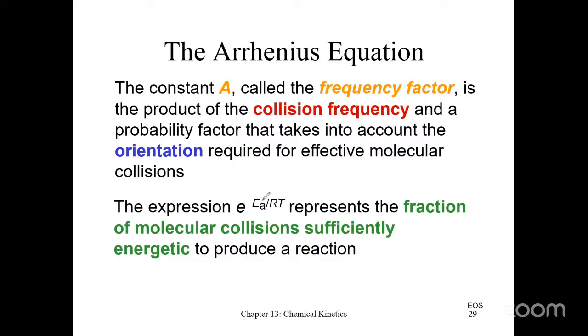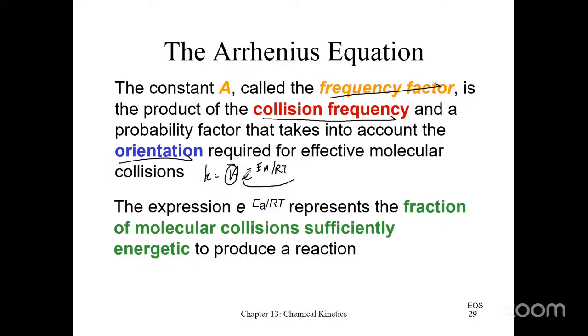Just to remind you, k is equal to A times e to the minus EA over RT. So the A part is the frequency factor, which accounts for the collision frequency and the molecules having the correct orientation.